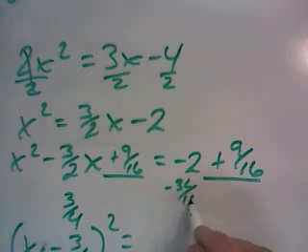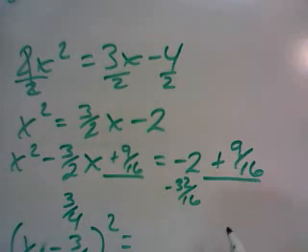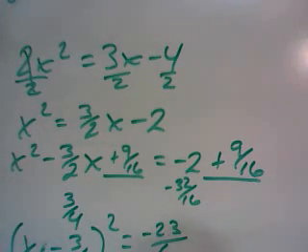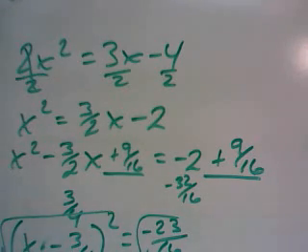Well, negative 2 is the same thing as negative 32/16. Negative 32 plus 9 is negative 23/16. Then I will take the square root of both sides, and when I take the square root of both sides, I'll have x minus 3/4 is equal to plus or minus i radical 23 over 4.